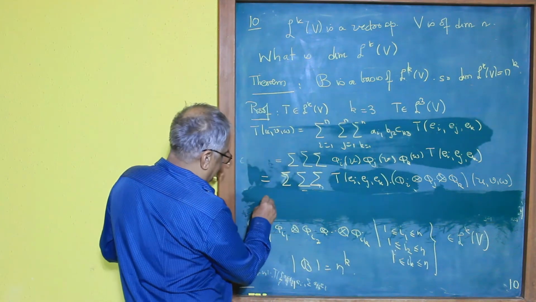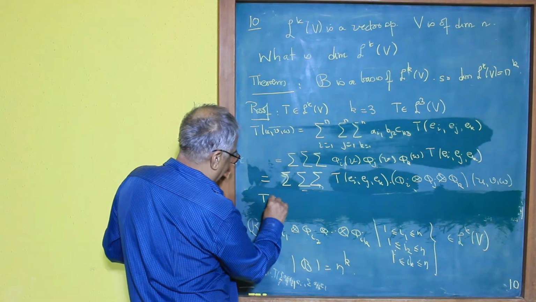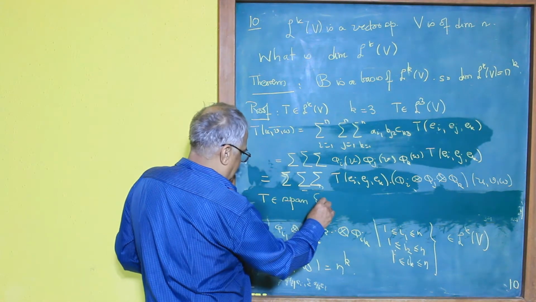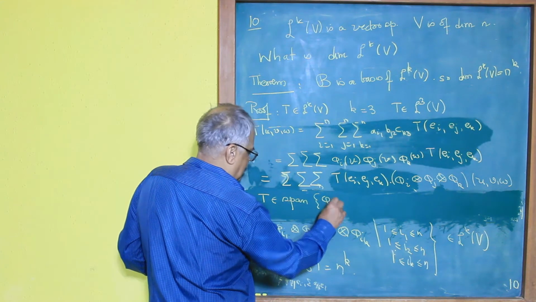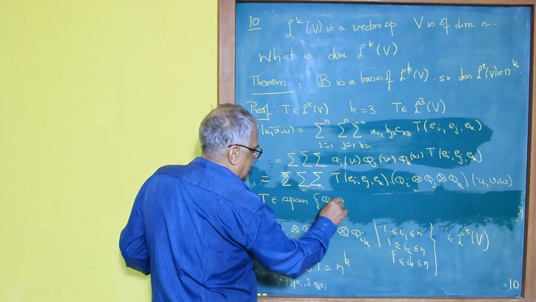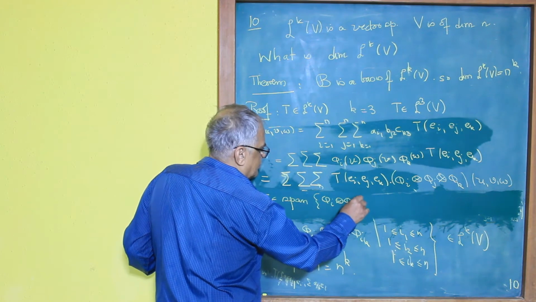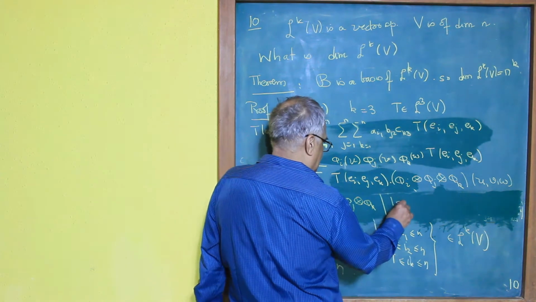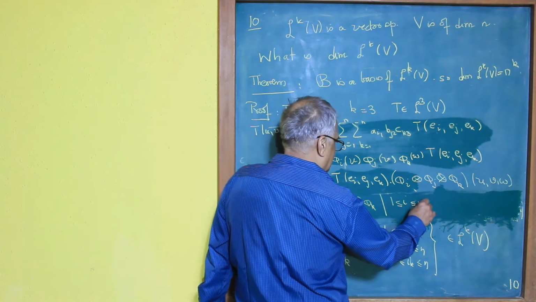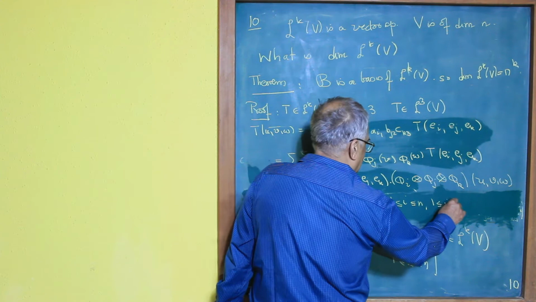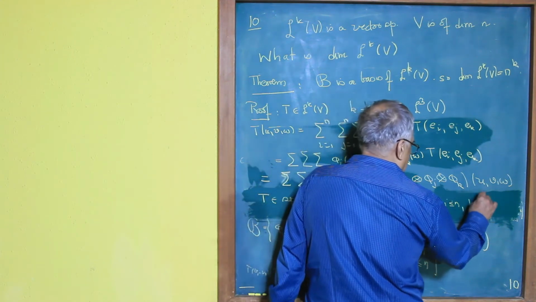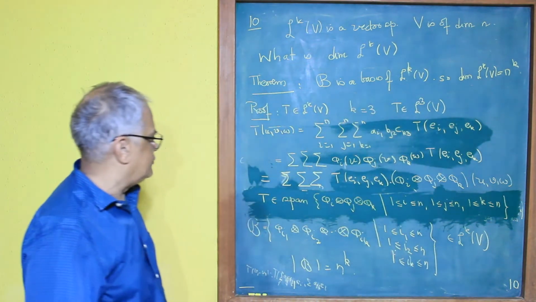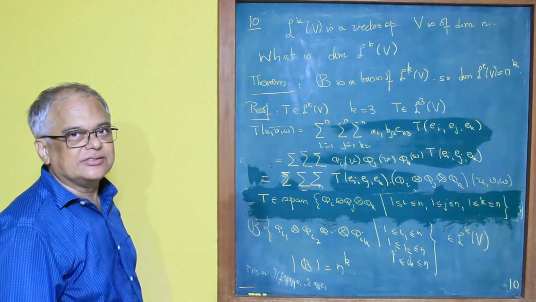I have just shown you that T is in the span of phi_i tensor phi_j tensor phi_k; that is, I've shown that B spans L^k(V).